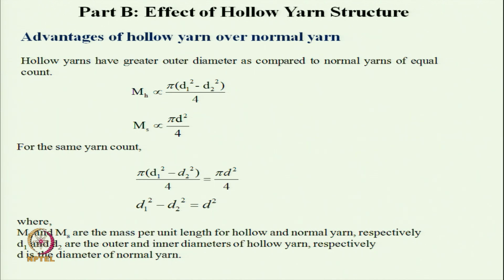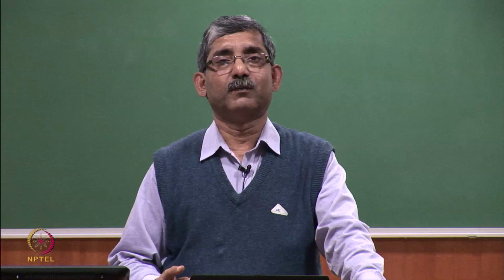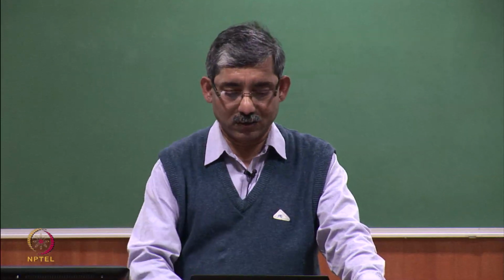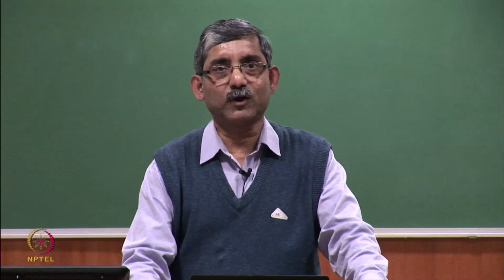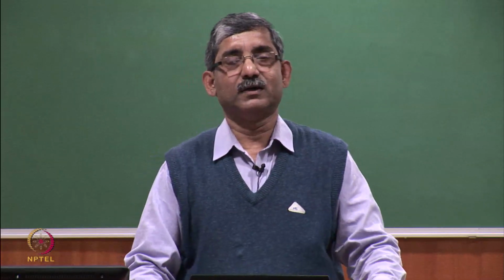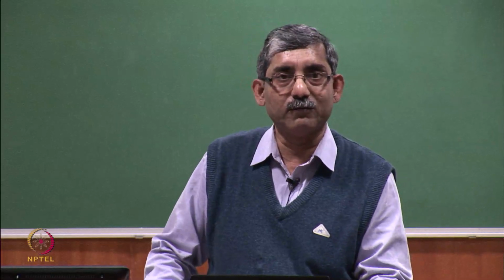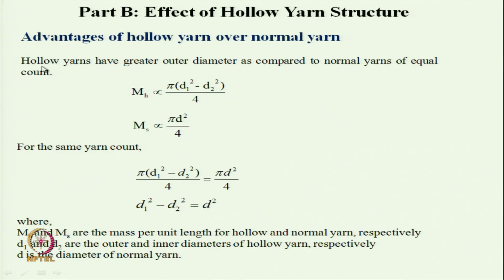Now, in the second part it was tried to develop hollow yarn and to see the effect of the presence of hollow yarn on the UV protection characteristics of the woven fabrics. This hollow yarn has a greater outer diameter as compared to the normal yarn of equal count. That means, mass per unit length of yarn, both the yarns are same.